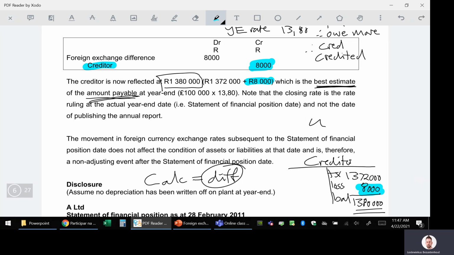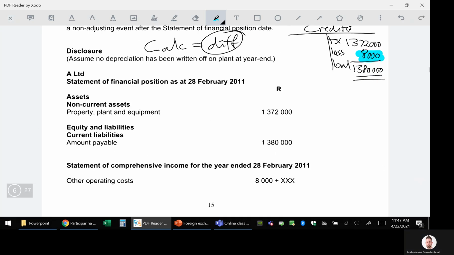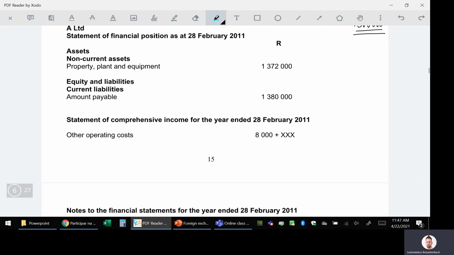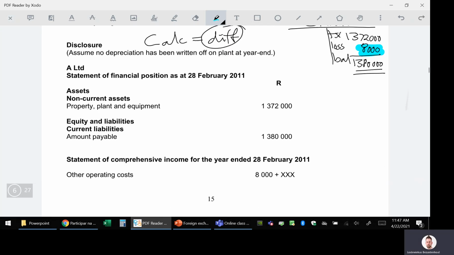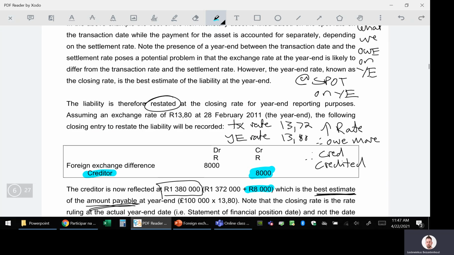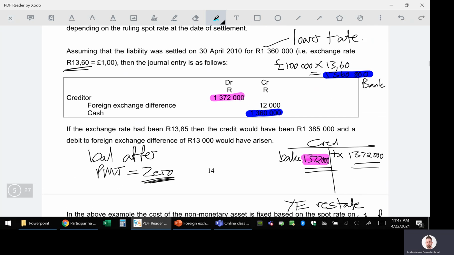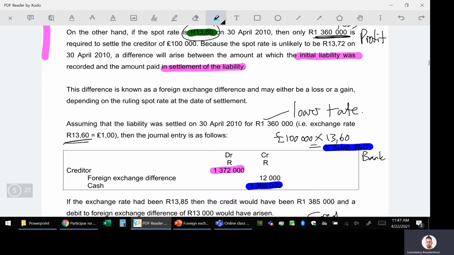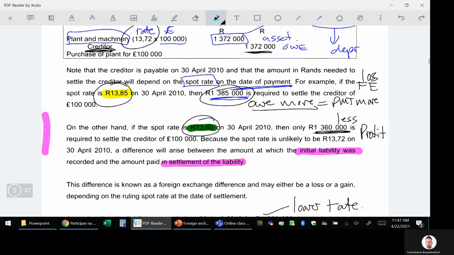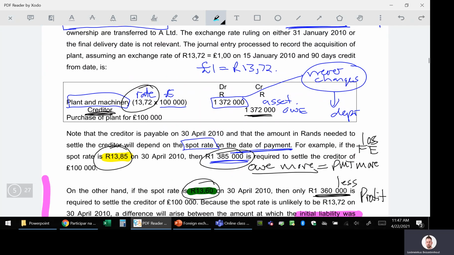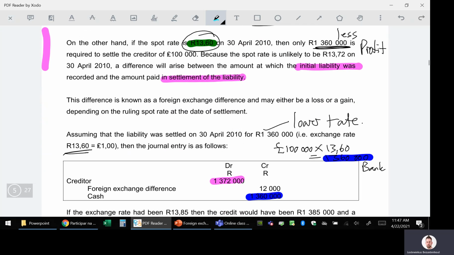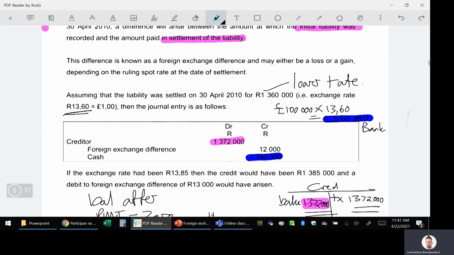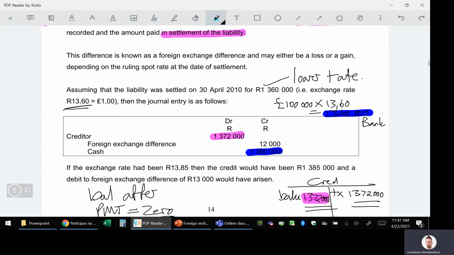So what do we have in the books on year end? On year end, we would have an asset of 1372 because the asset originally we put into the books: debit property, plant and equipment 1372. All right, just remember there's two parts of this one. We have the original transaction, and then there was a payment before year end.